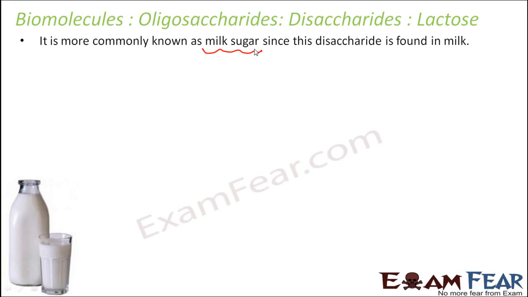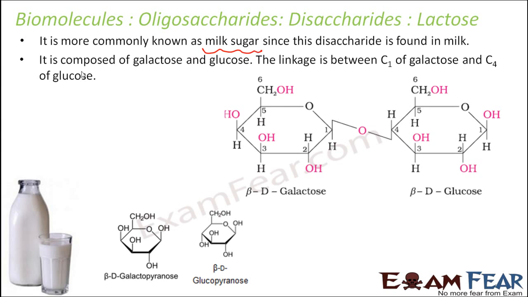Lactose is the sugar present in milk. It is composed of galactose and glucose. Here you can see the linkage between C1 and C4 carbon atoms. This is the glycosidic bond, formed by loss of one water molecule.